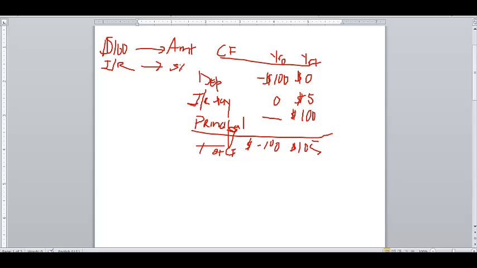All it's saying is you go into the bank, you deposit $100, and after 1 year you get $105. That's all there is to it, because that's what you get in interest.